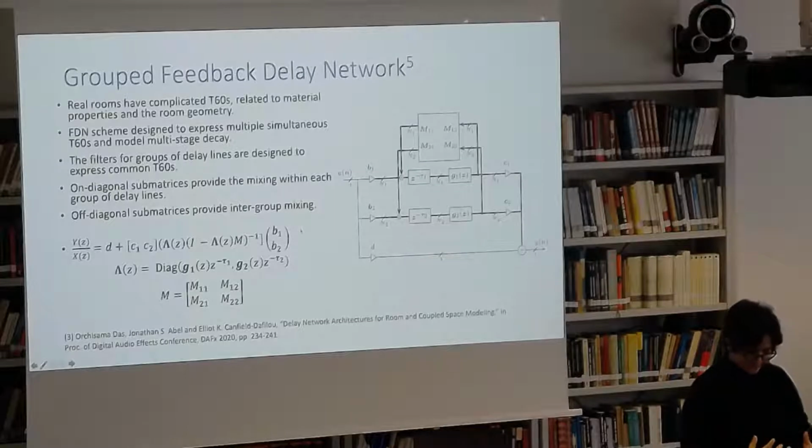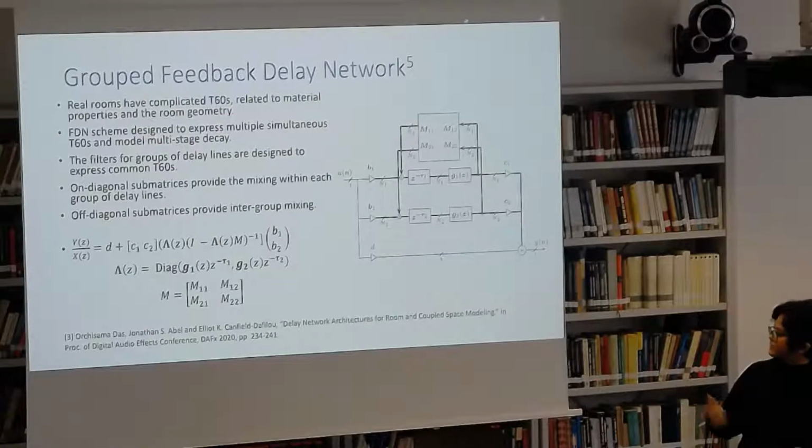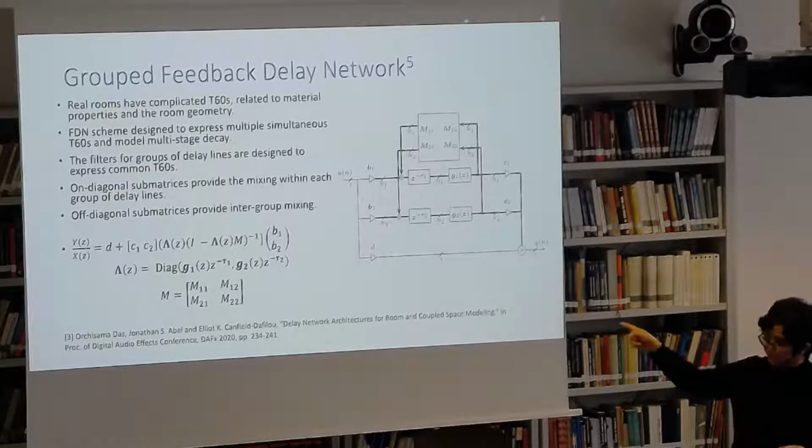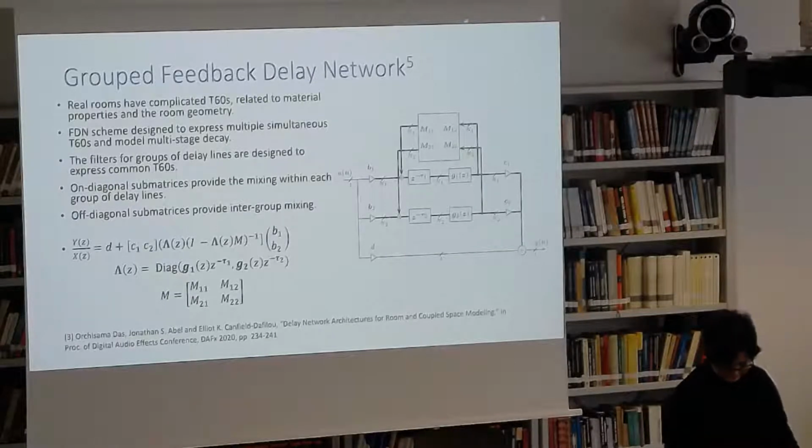So they individually control inter and intra-group mixing. And this is the structure that we proposed in our DAFX paper that Elliot was a part of. So now this is the new transfer function of the grouped feedback delay network, and it looks very familiar to the normal FDN transfer function, except now you've got this block mixing matrix that you have to take care of.